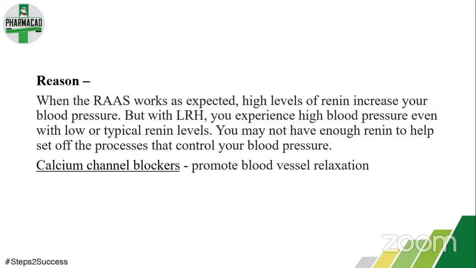Hence, renin concentration needs to be appropriate in the cells. If there is no renin or less renin, there is a loss of control on blood pressure, and hence it may cause low renin hypertension and situations like such.